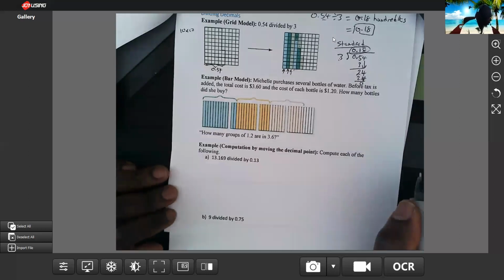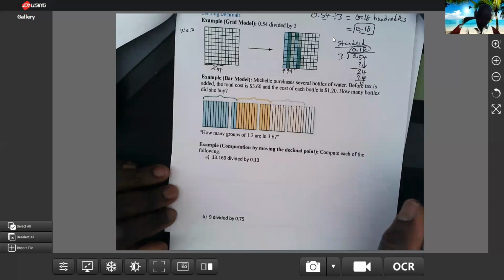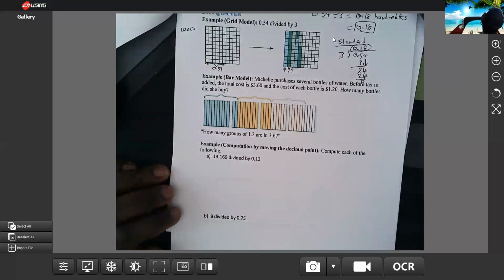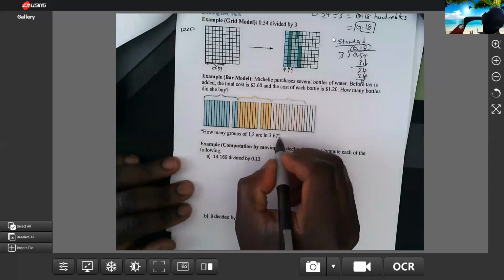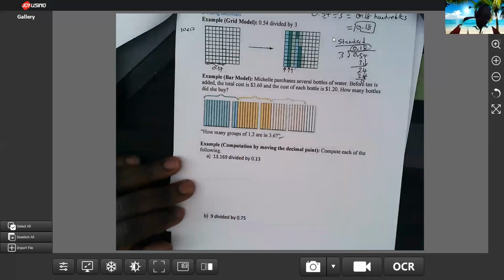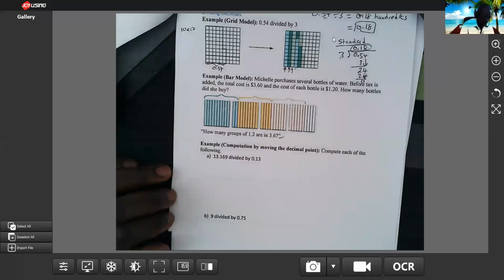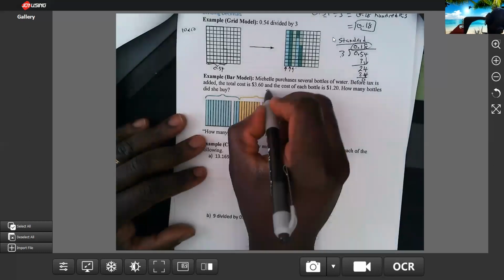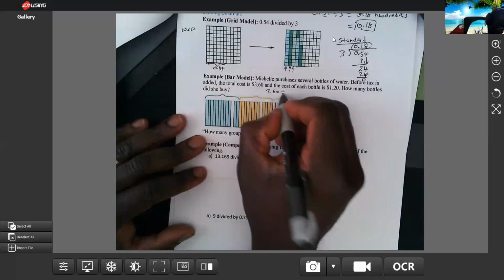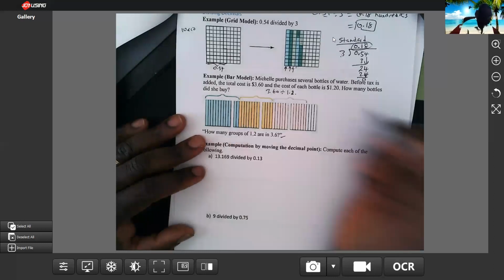In other words, how many groups of 1.2 are in 3.6, which is basically saying 3.60 divided by 1.2.